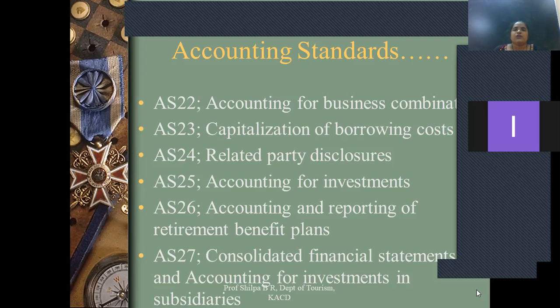Sometimes you take a huge loan, and when you take a huge loan, the interest on that also is huge. That borrowing cost, the transaction cost, is also huge. And if you debit it in one year only, it will eat up a huge amount of your profit. So when there is a huge borrowing cost, some companies try to capitalize it, meaning you show it as a long-term loan and debit it every year in bits.